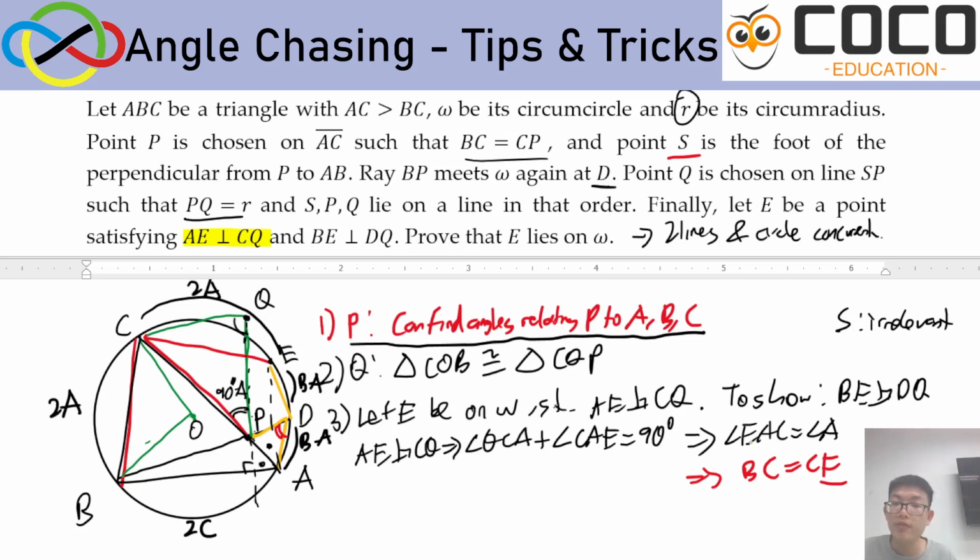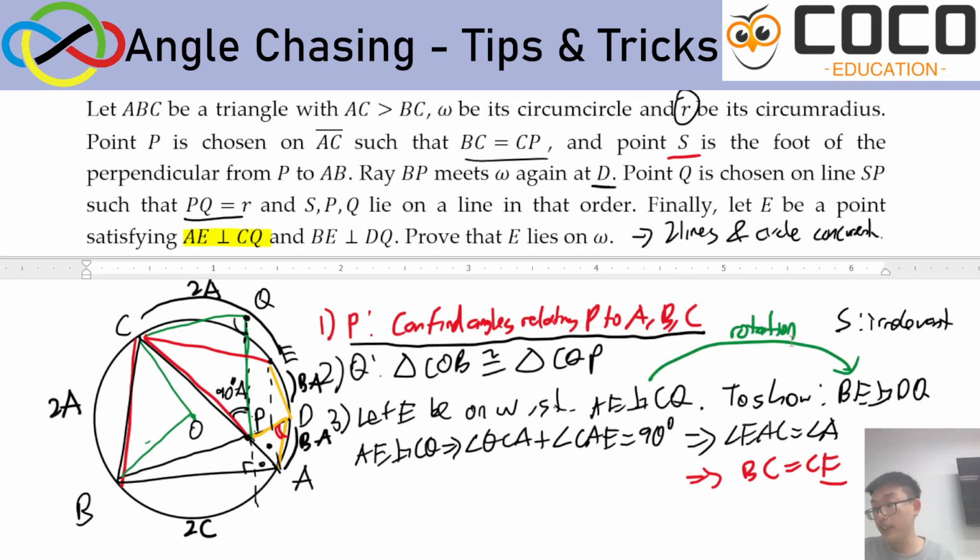Now it's time to prove what I want, which is BE is perpendicular to DQ. I would like to show another perspective on our angles, which is just that we can think of this as rotation.